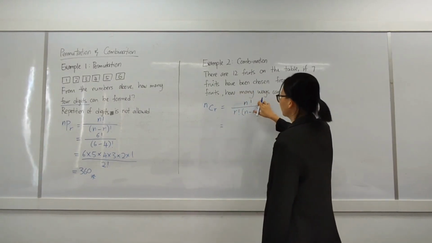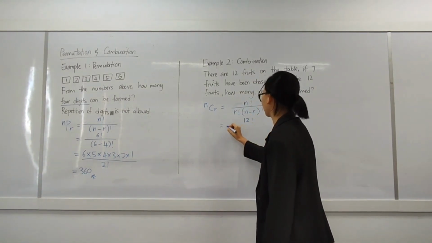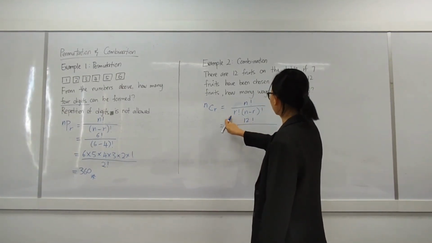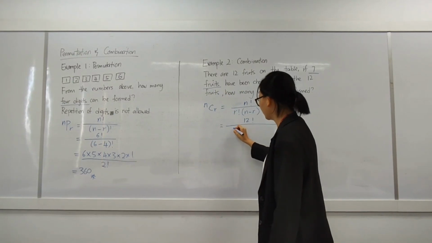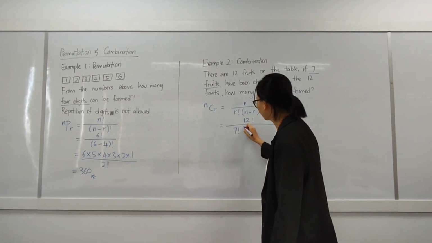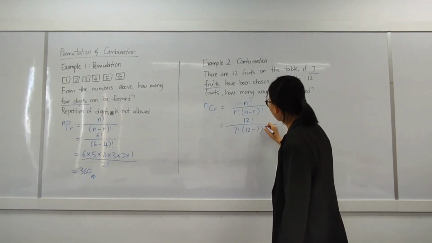So the total number of fruits is 12 factorial. Alright. So the chosen number is 7 fruits. So r will be 7 factorial, and then (12 minus 7) factorial.